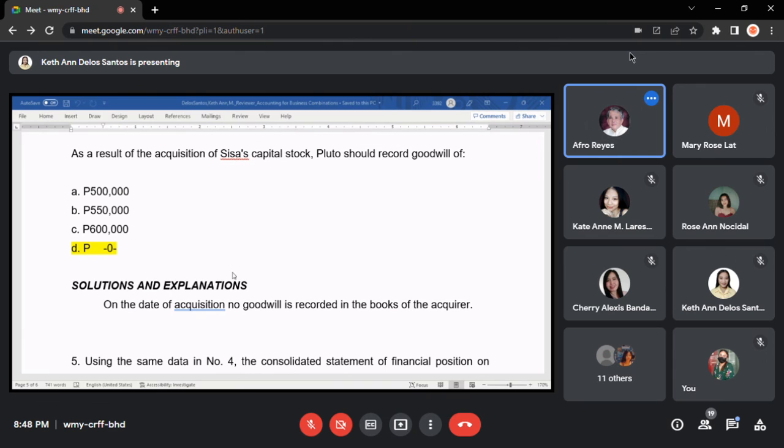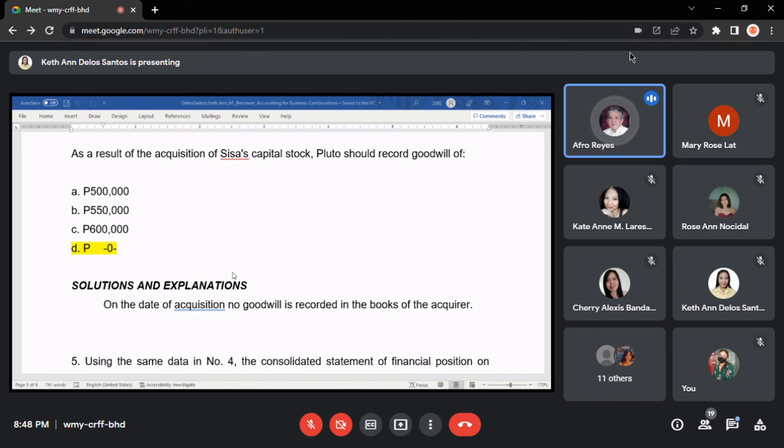So, dito, magiging tatlo ang entity, no? The acquirer entity, the subsidiary entity, at saka yung consolidated entity, no? Ano mangyayari doon?